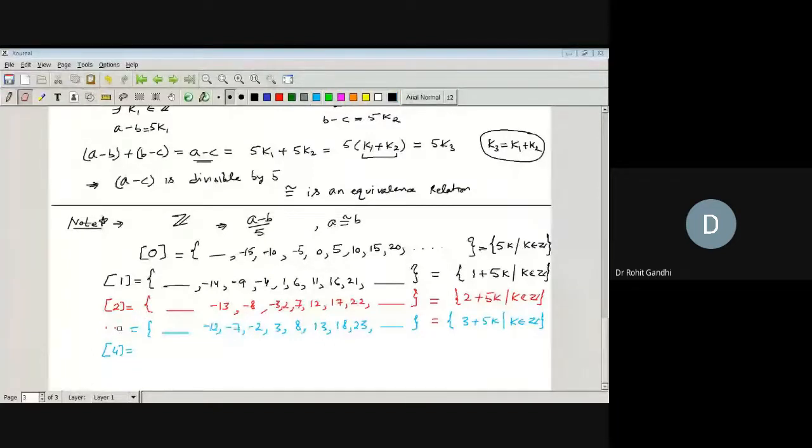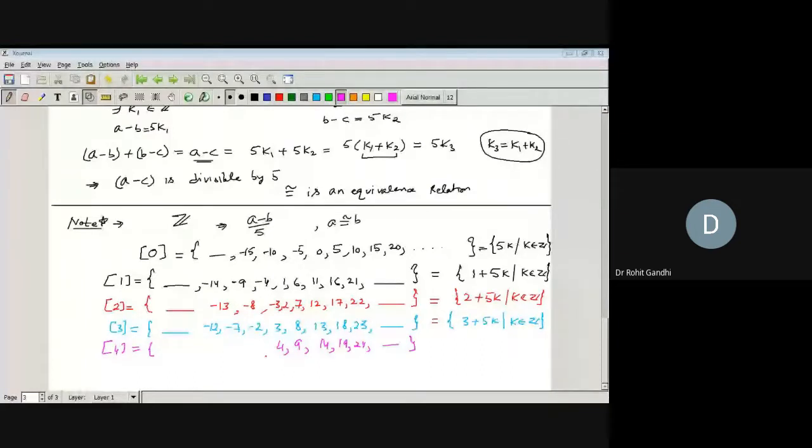Now, if we think of the equivalence class of 4, I will write it down. First of all, the element itself should be there, because the relation is reflexive. Next, it is 9, 14, 19, 24.